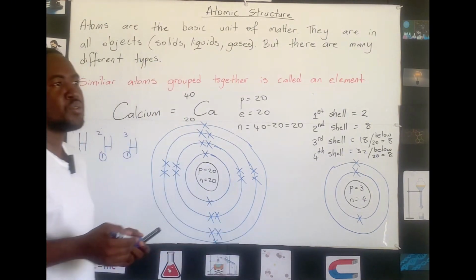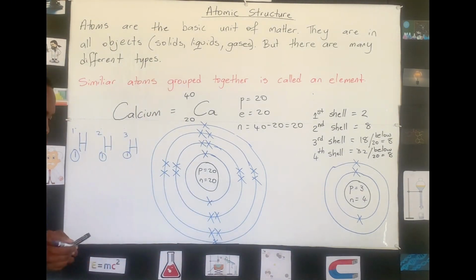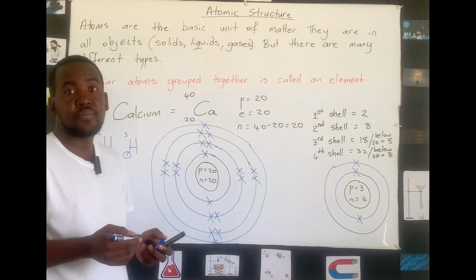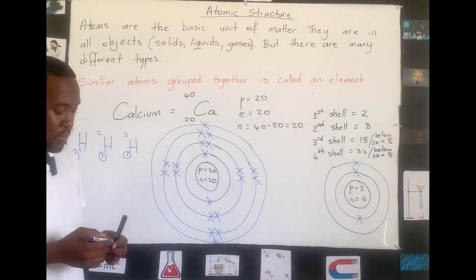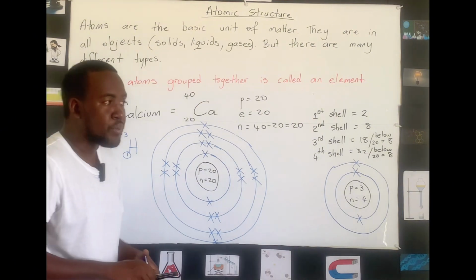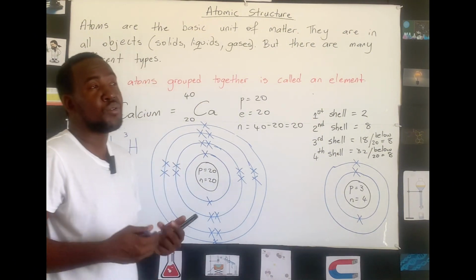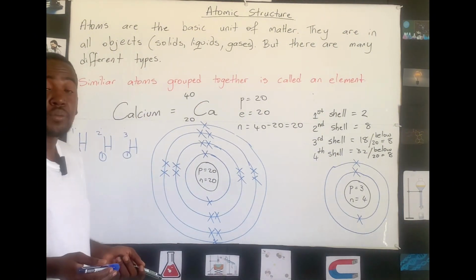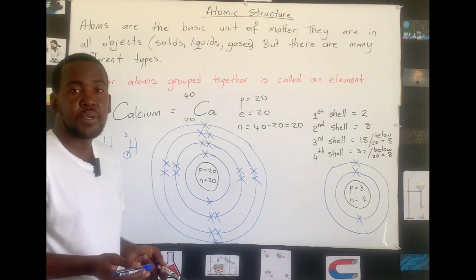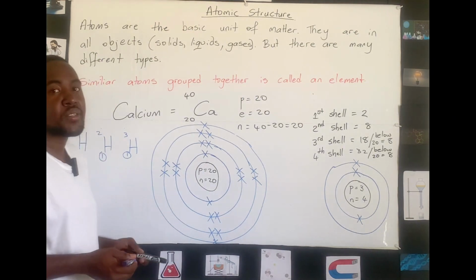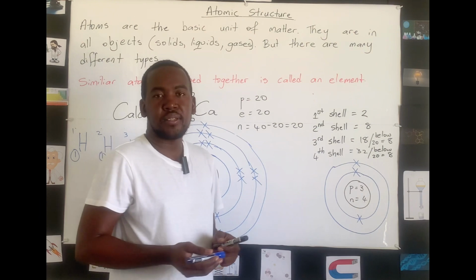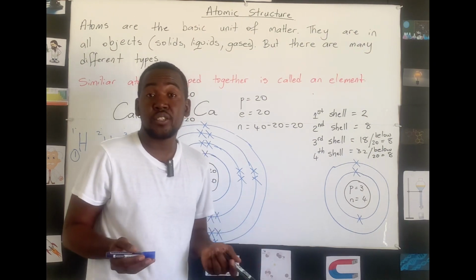some of these isotopes are used in different industries. In the medical industry, we have radioactive isotopes that can be used to treat cancer patients in radiotherapy, or to sterilize medical instruments, or as tracers.